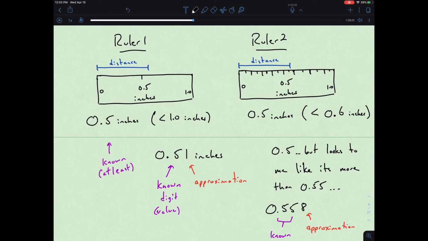So that's the idea of accuracy, that accuracy is very dependent on the tool that's actually used in the measurement. The greater level of ability in terms of measuring, the greater level of accuracy that's actually there.